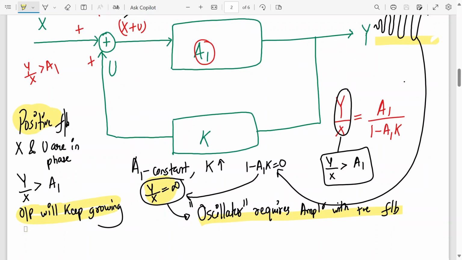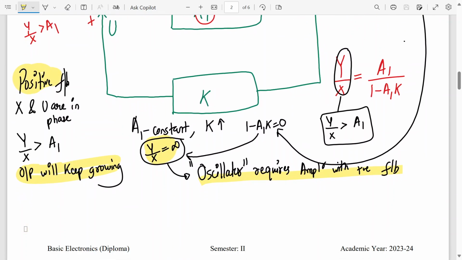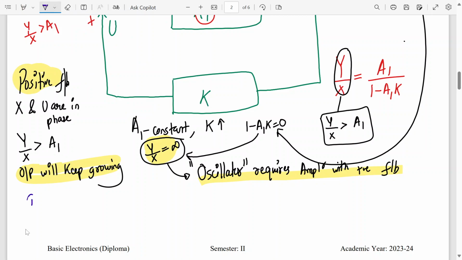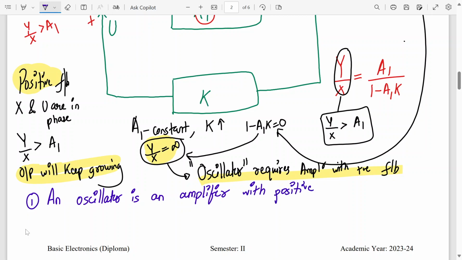Yes, no? Then write here. Write one line, a very important line. Number 1, an oscillator is an amplifier with positive feedback. We'll very roughly write the definition of an oscillator.